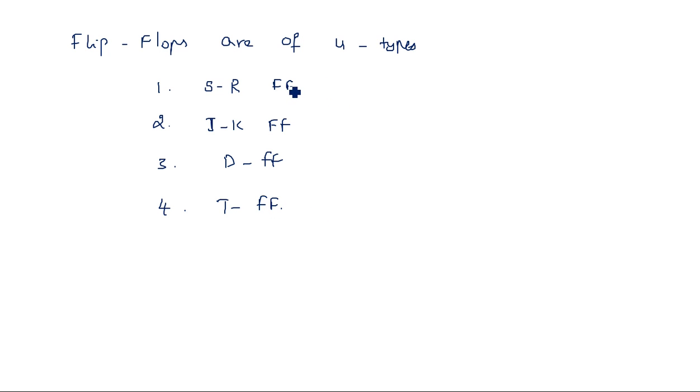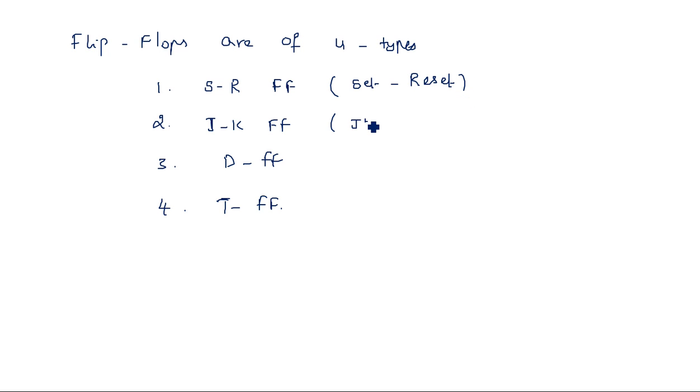SR latch or flip-flop, both are the same. JK is nothing but an edge triggered flip-flop. D flip-flop or D latch we can also use both, and T flip-flop. SR stands for set and reset.